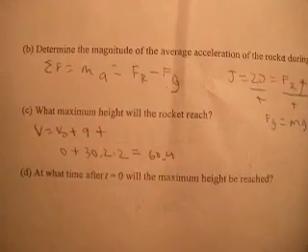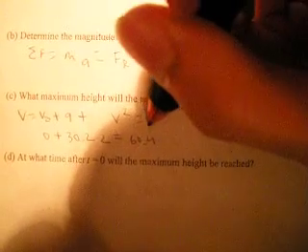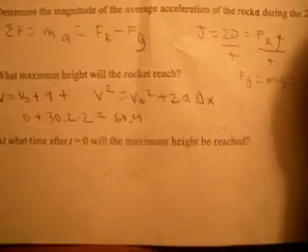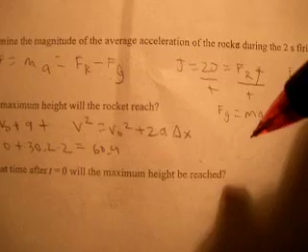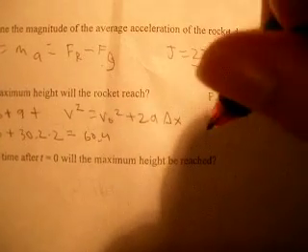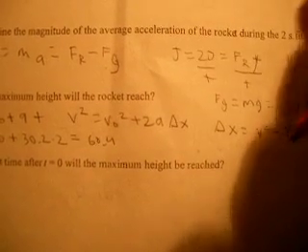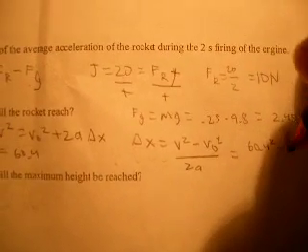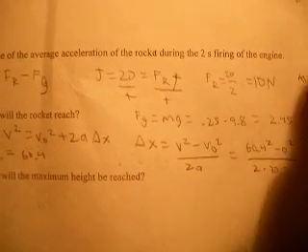Then, using another of the kinematic equations, v squared equals v naught squared plus 2a delta x, and yes, by delta x I do mean upwards and downwards. We can solve for delta x equals v squared minus v naught squared over 2 times a, and that equals 60.4 squared minus 0 squared all over 2 times 30.2.